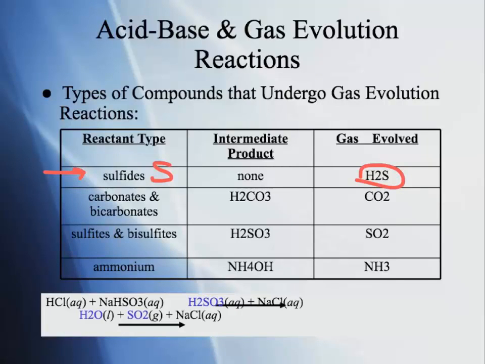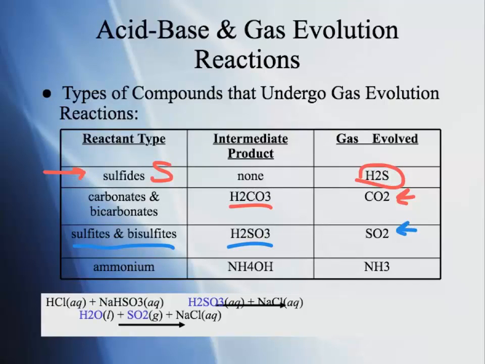Now carbonates and bicarbonates, again, like I said, we're going to have an intermediate product that then forms the gas CO2. Sulfites and bisulfites are going to have an intermediate product of H2SO3, and then they're always going to form sulfur dioxide gas.